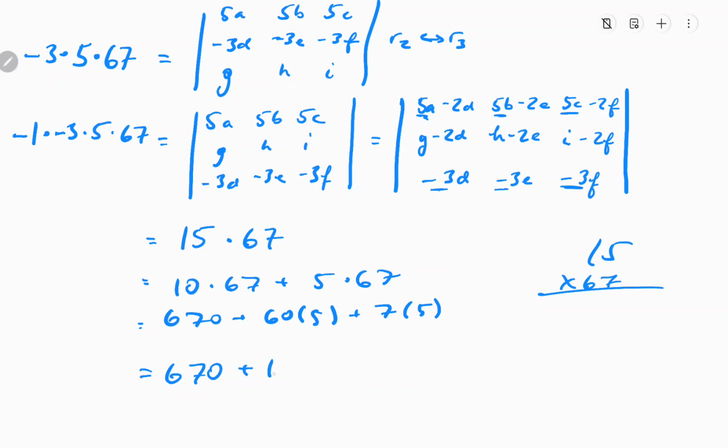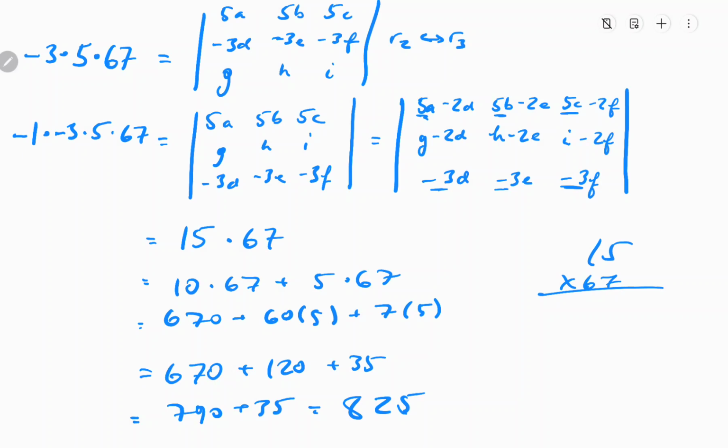So this is 120 and 35. We have 790 plus 35. So you just ask your belief system to give you a friendlier number to work with. This gives us 825 as our new determinant.